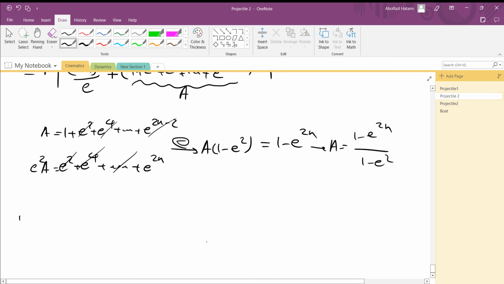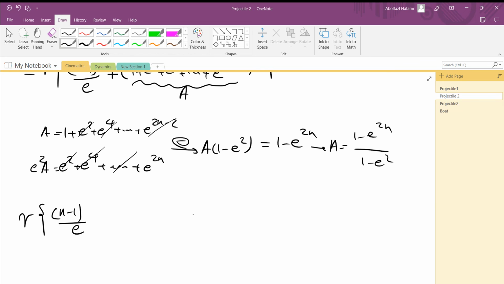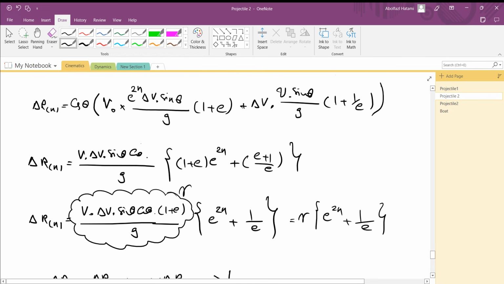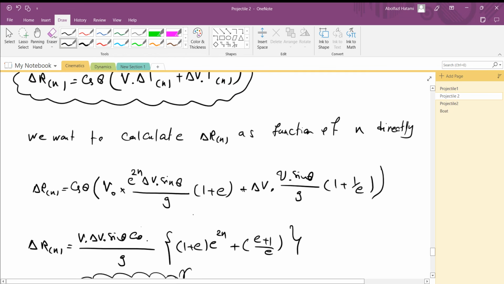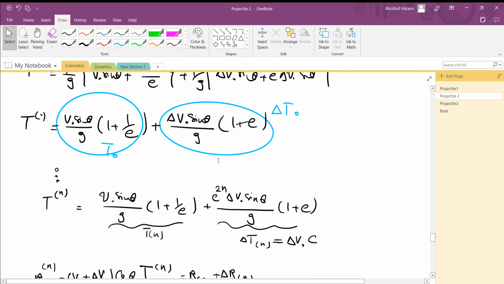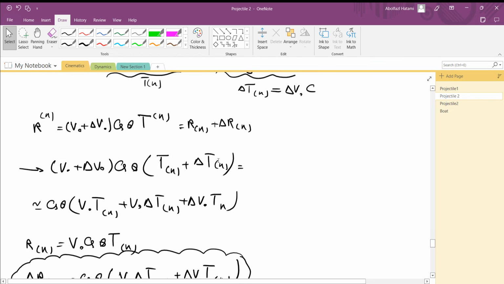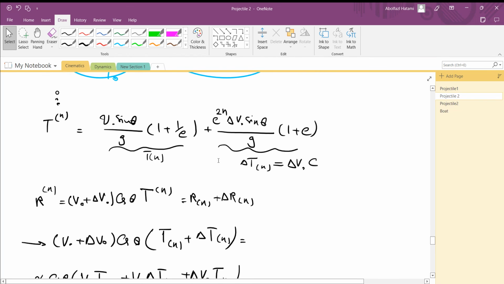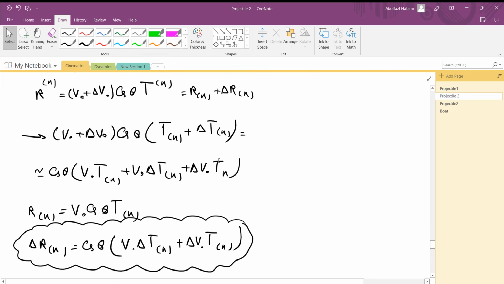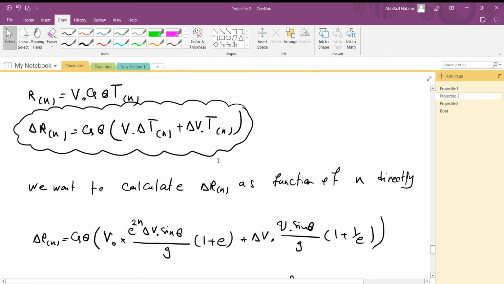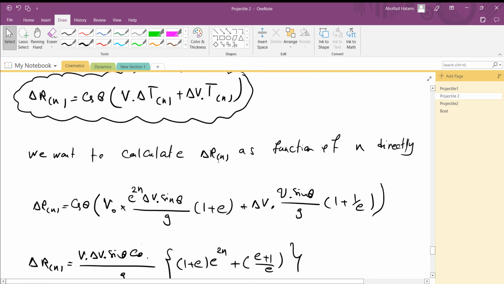So gamma n minus 1 over e. Let me check something. e to the power this, yes, it is true, I think.